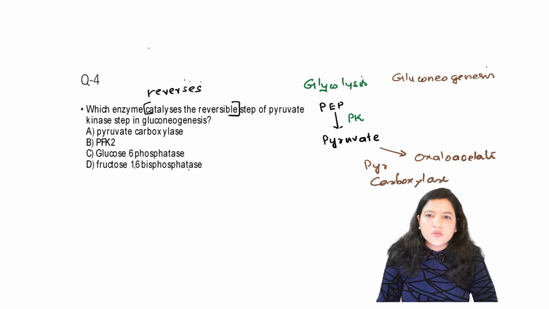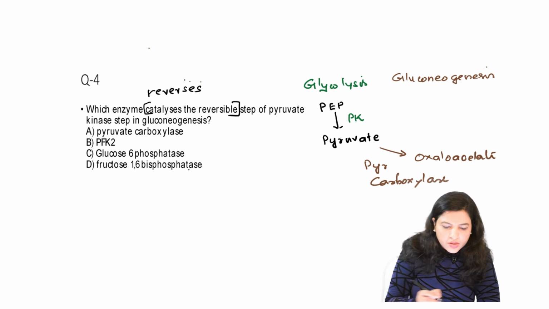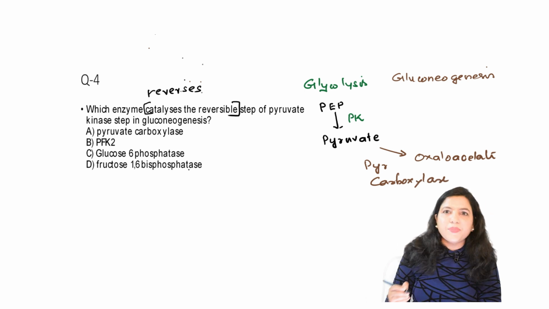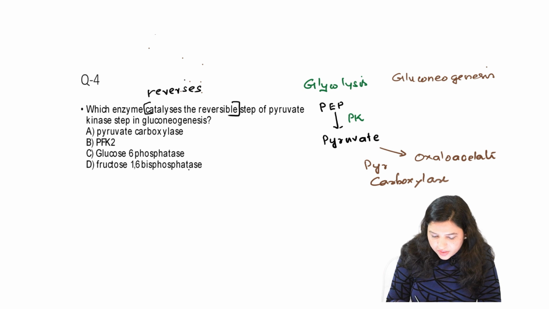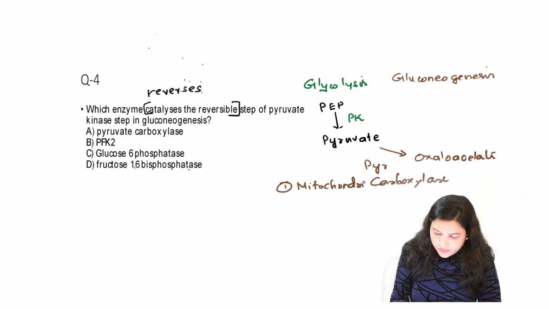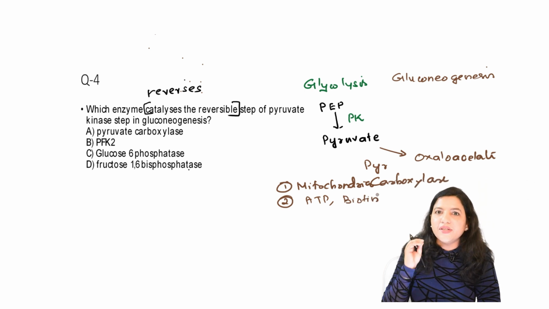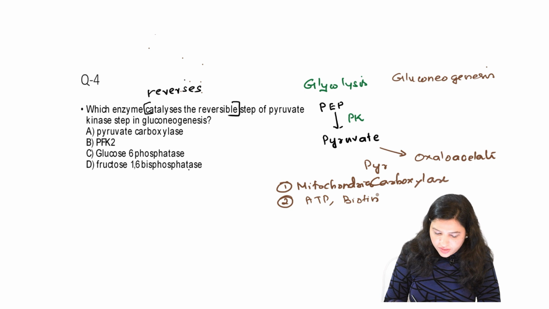The peculiarities of pyruvate carboxylase are, number 1, this reaction takes place in the mitochondria. Secondly, this reaction requires ATP and biotin. So this is a biotin dependent carboxylation.